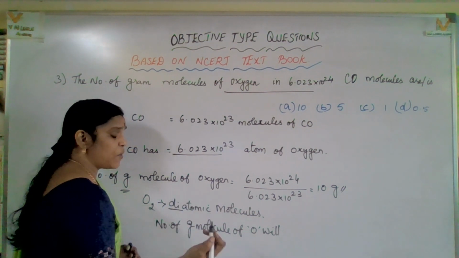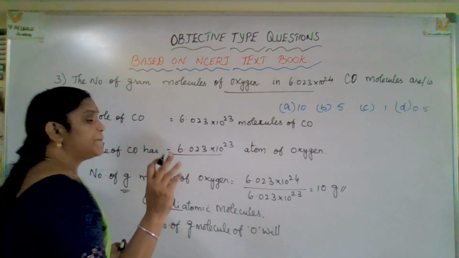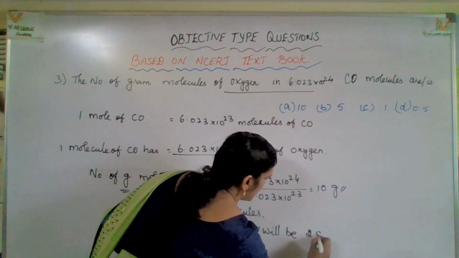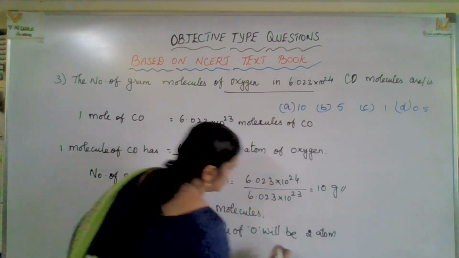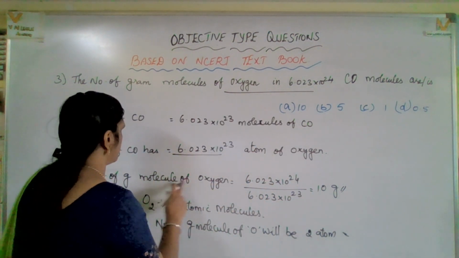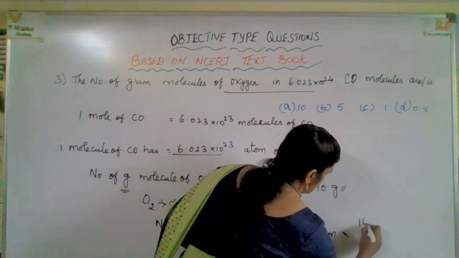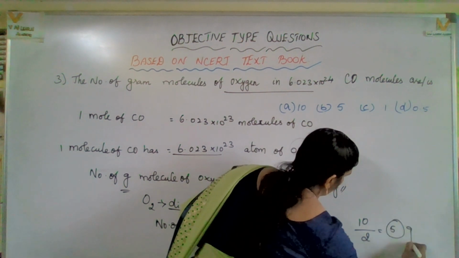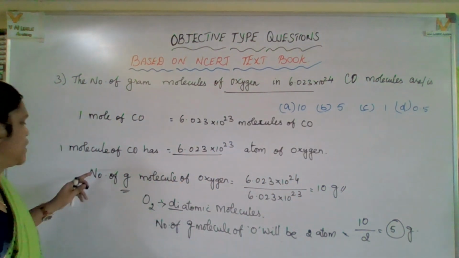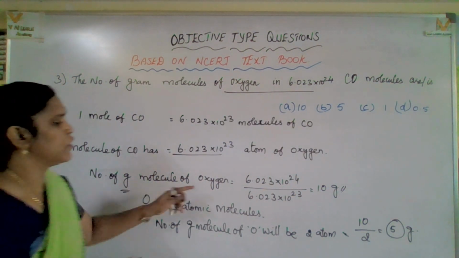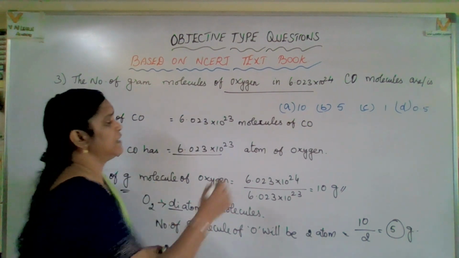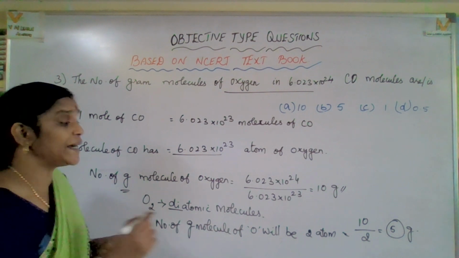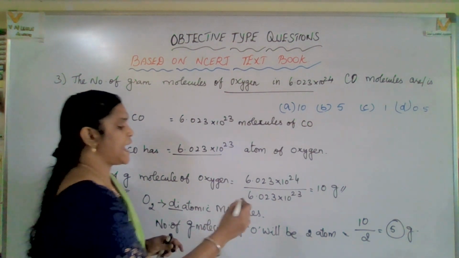So number of gram molecules of atom actually per oxygen it is 1. So automatically will be, here it is 2 atoms. Right. So how much actually number of gram molecules of oxygen? It is 10 divided by 2. You will get 5. 5 gram molecule of oxygen will be there in 6.023 into 10 to the power of 23 per atom. This is what it is, per atom.